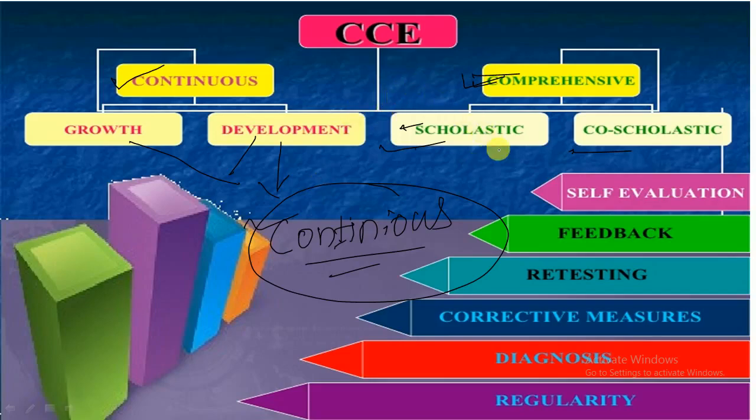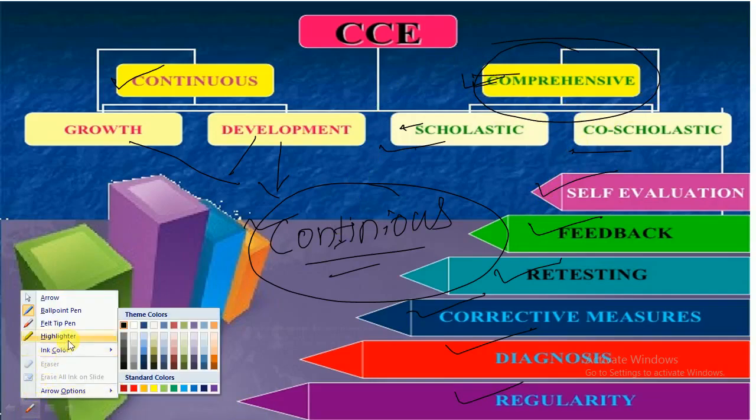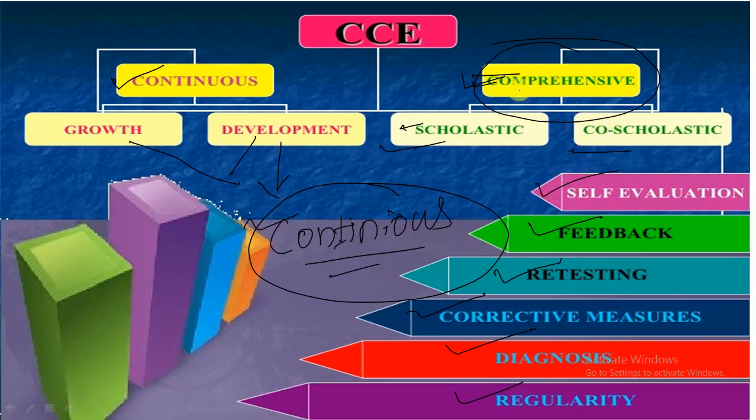If we divide scholastic, we get self-evaluation, feedback, retesting, corrective measures, diagnosis and regularity. These points come under the comprehensive basis. Self-evaluation means a child does assessment by themselves.